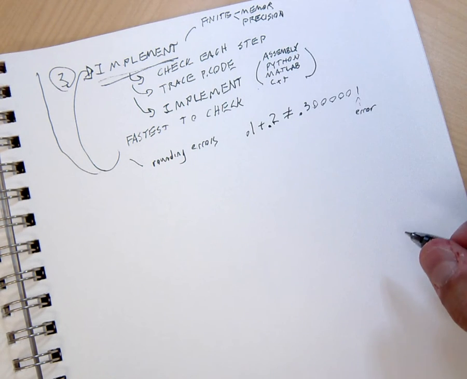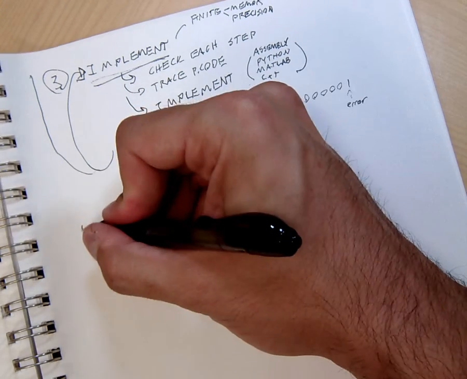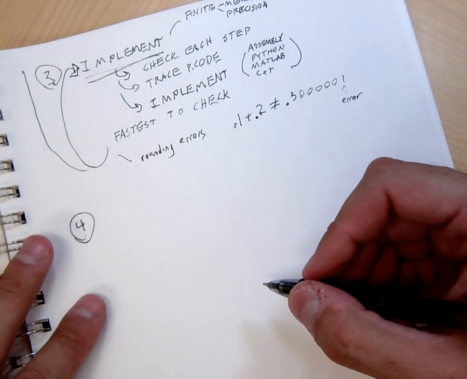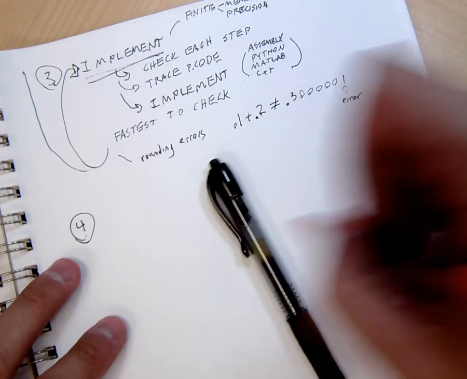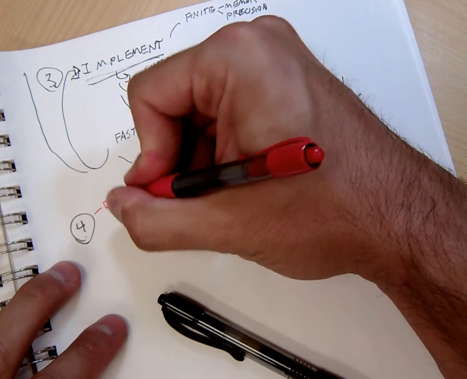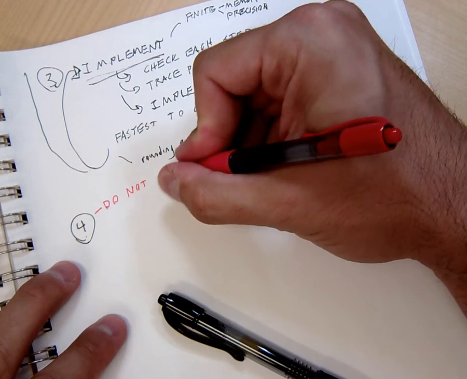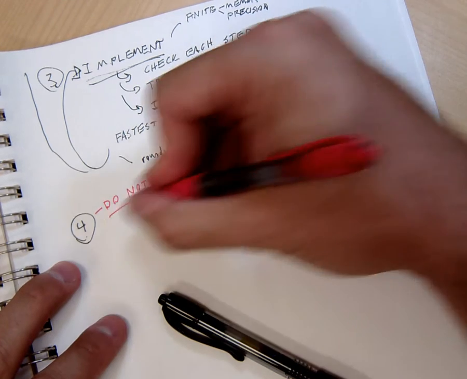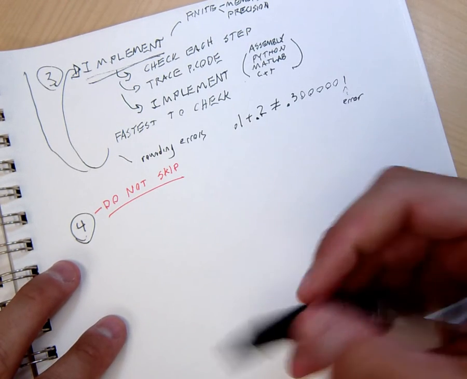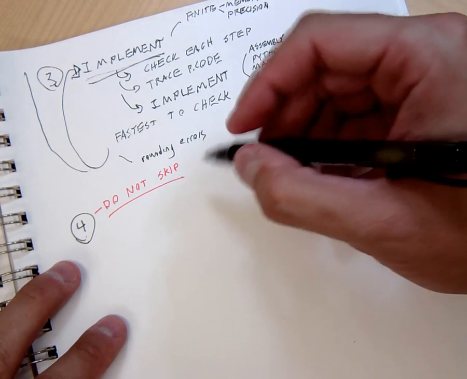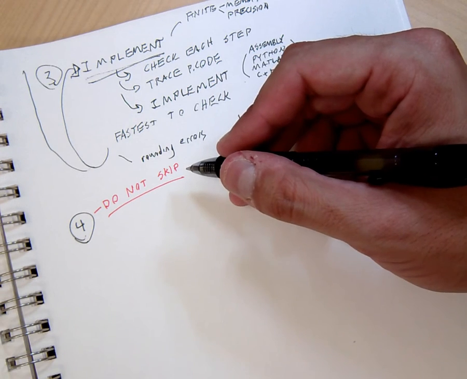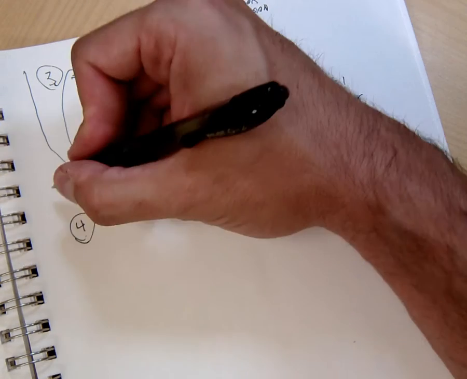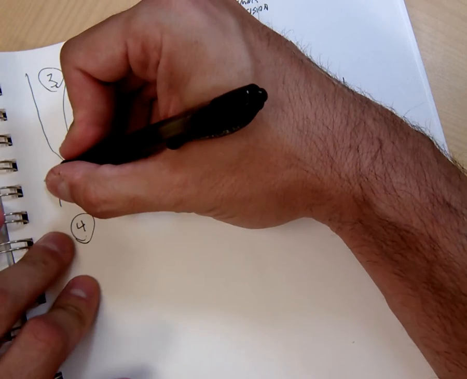And then the fourth step of Polya's method is extremely important. I'm just going to put here, do not skip, because everybody wants to skip this step. Because we're lazy, and it's the same thing as dieting, and then you want to eat junk food. Everything up here, this is junk food.